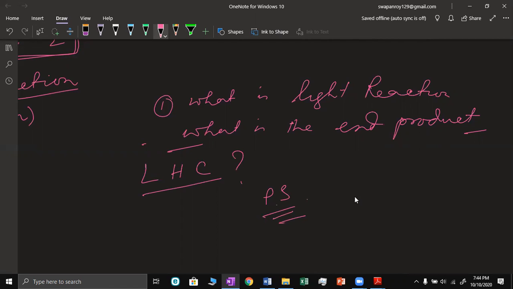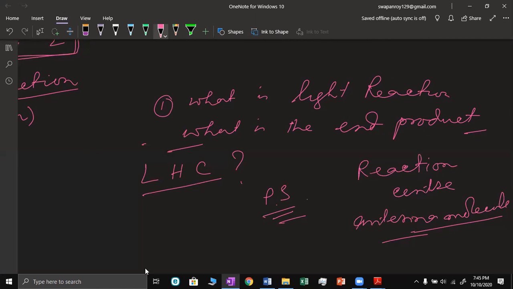What are the chlorophyll molecules? What are the reaction center and antenna molecules? What is photolysis of water? This is also very important.